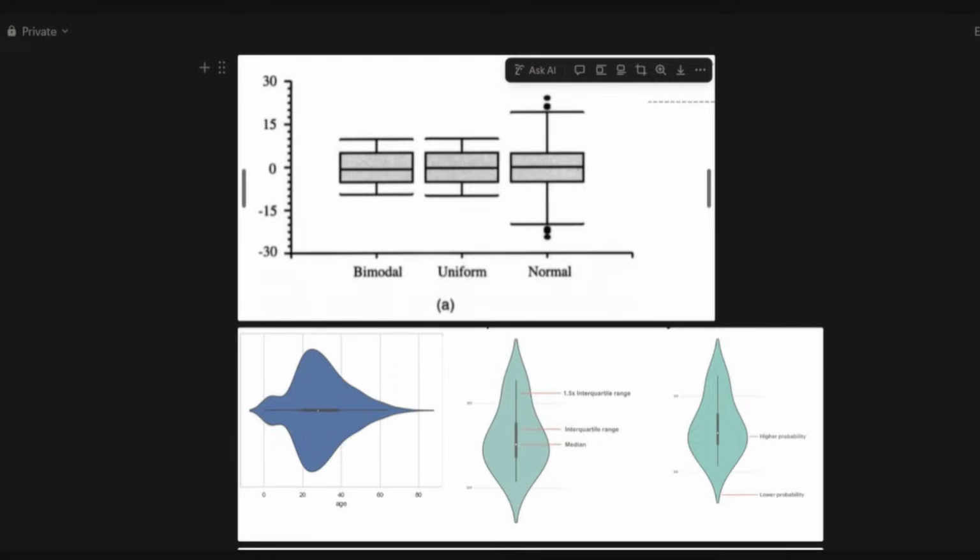When you're trying to make out the shape of your distribution, you will not be able to make it out with a box plot. So that's a disadvantage, and that's the main reason why we also use the violin plot.